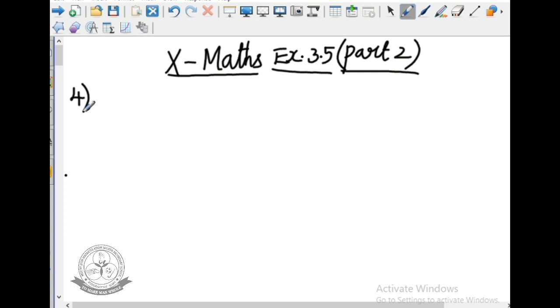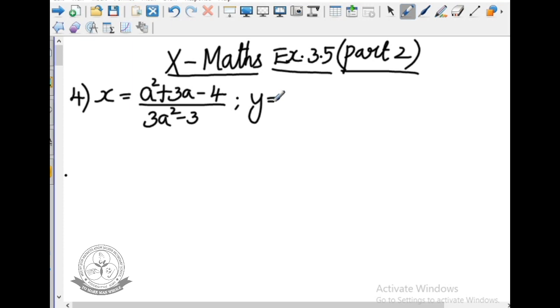x equal to a squared plus 3a minus 4, whole divided by 3a squared minus 3, and y equal to a squared plus 2a minus 8, divided by 2a squared minus 2a minus 4.